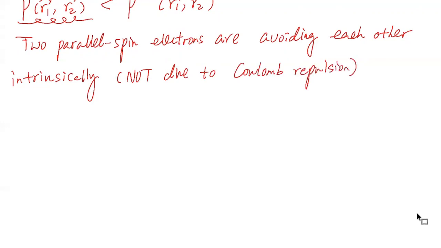I need to emphasize this because, of course, two electrons will avoid each other because they carry the same charge, right? Two negative charges avoid each other. But that is because of the Coulomb repulsion.